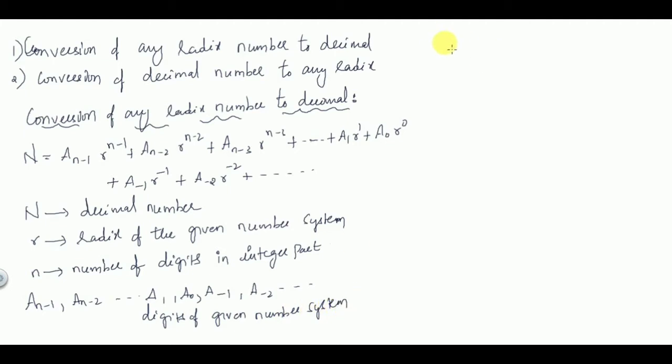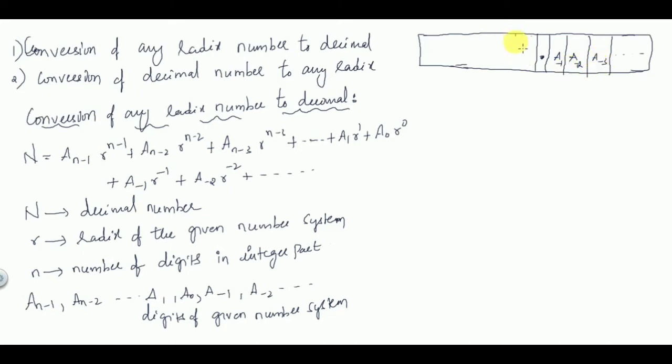So generally how can we write it? We take the number system like this. At the center we will have the decimal point, and after that we divide like this. So this is a(-1), this is a(-2), a(-3), and this is a0, this is a1, this is a2, and so on.